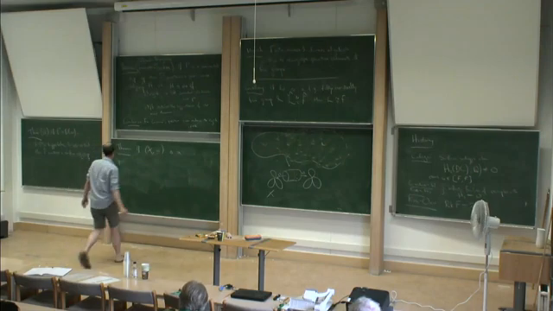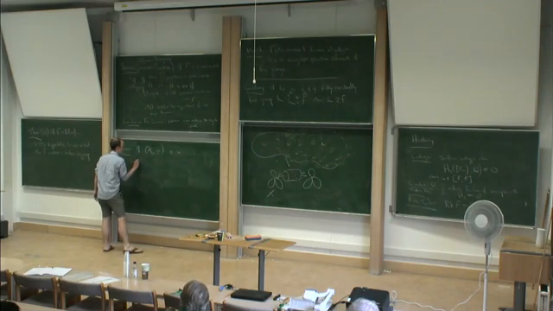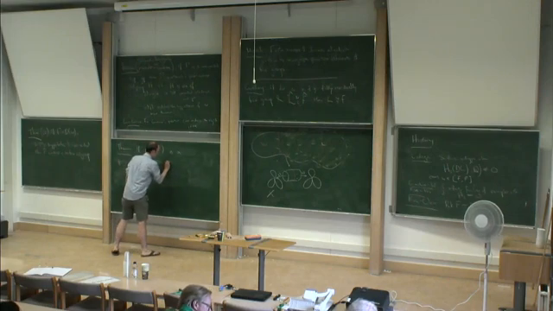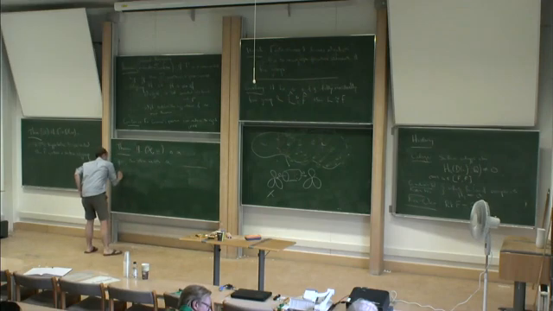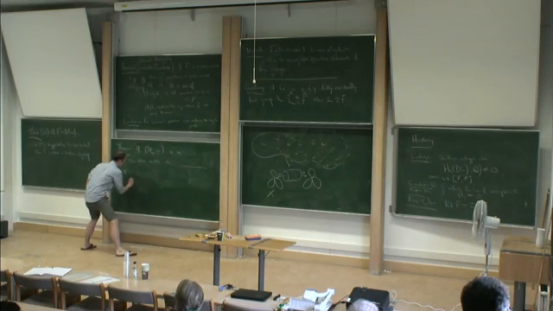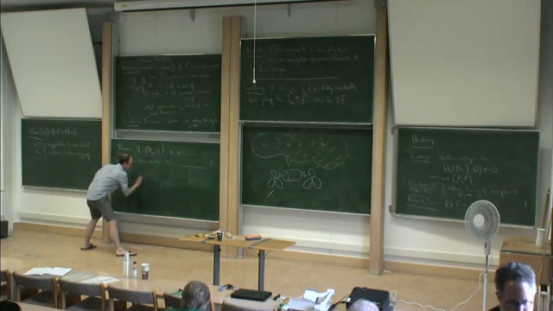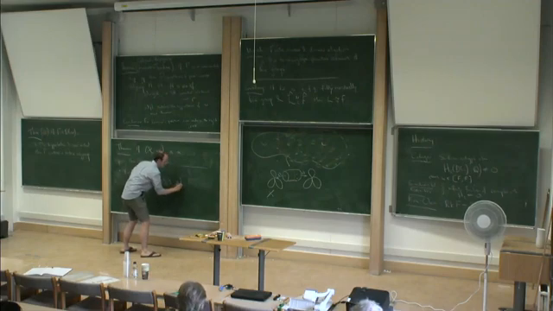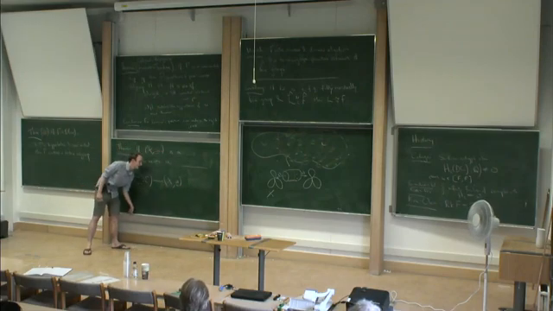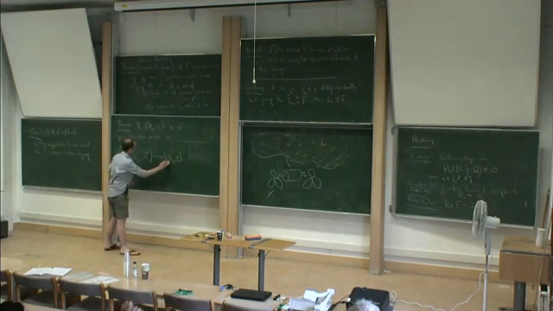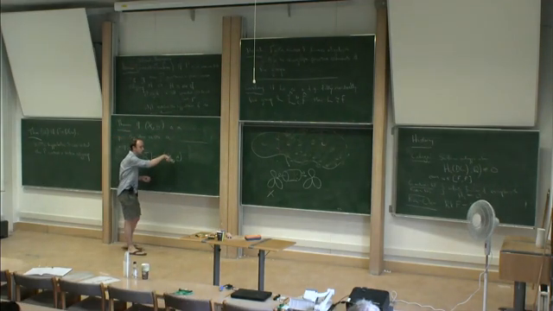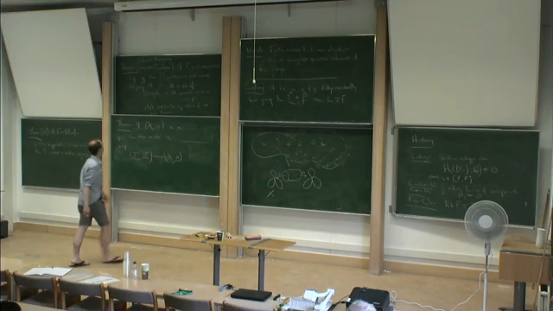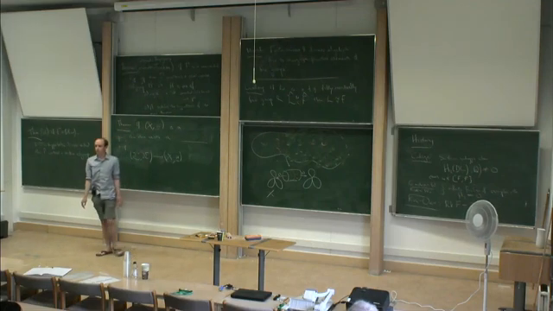Then there exists a map from a surface with boundary to the graph equipped with these words. So a map of pairs, by which I mean the surface goes to the graph and the boundary of the surface goes to the cycles that we've chosen. So that's the kind of theorem that we need to prove.